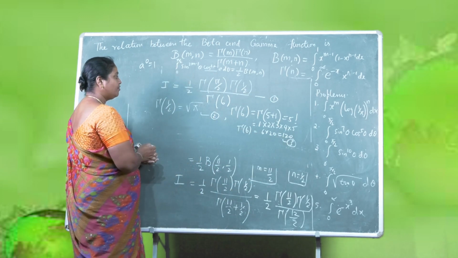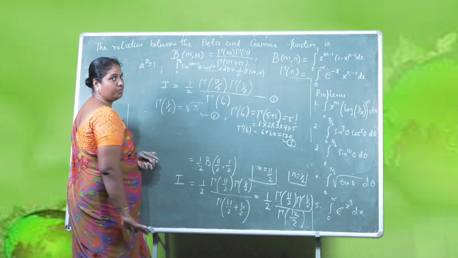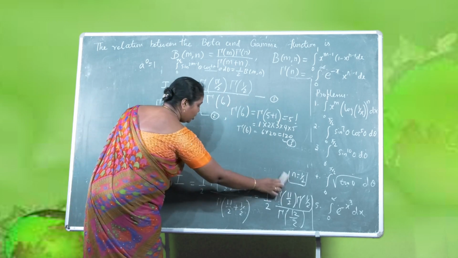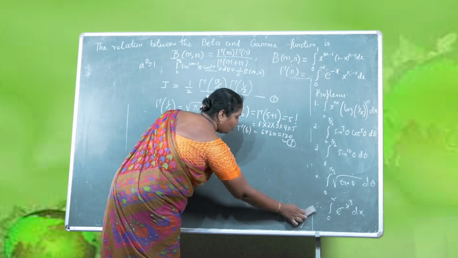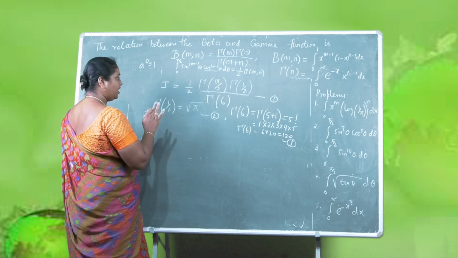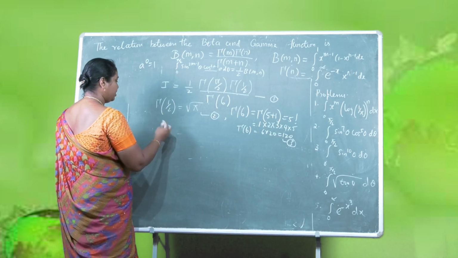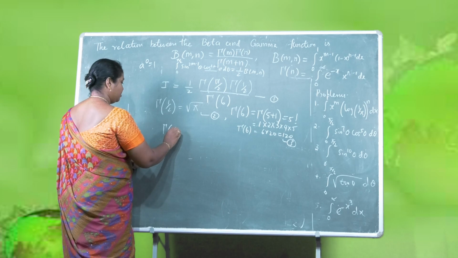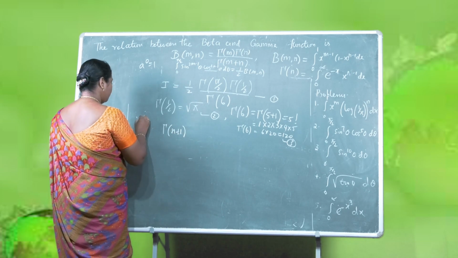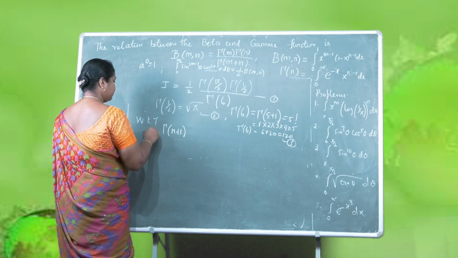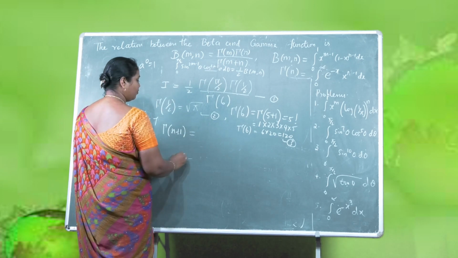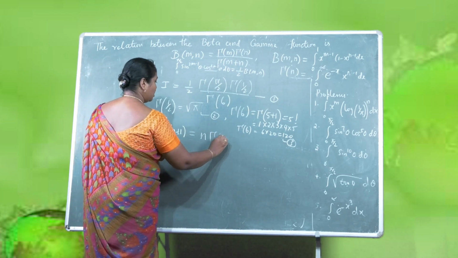So now we have to find out this gamma of 11 by 2 alone. How will you do this calculation? For this we are again going to use the recurrence relation. First we know that gamma of n plus 1 is equal to n into gamma of n.